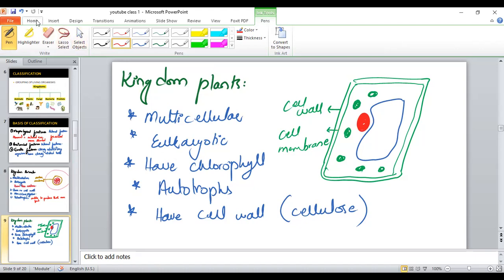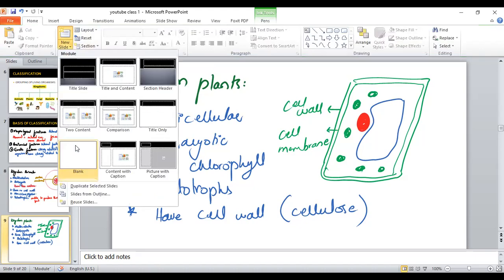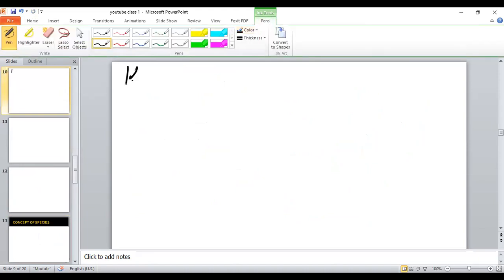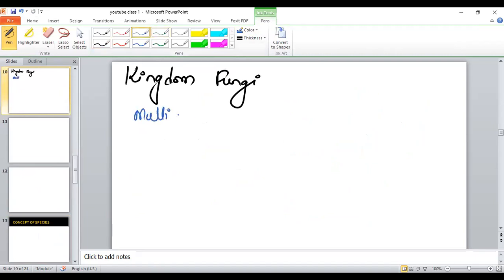Okay. Now we are talking about kingdom fungi. In the fungi, some are multicellular and some are unicellular also. Some members are multicellular; you can take the example of mushroom here.